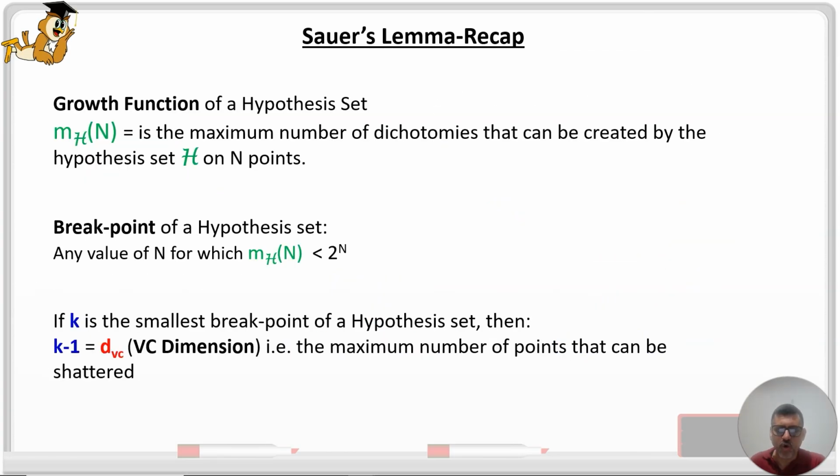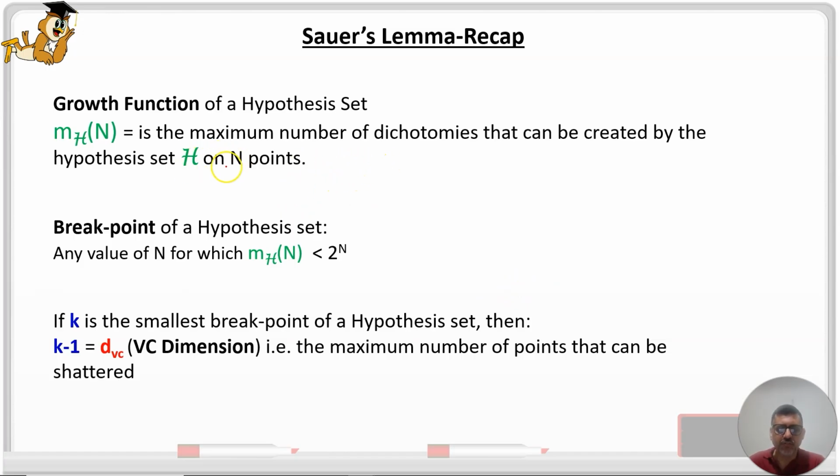Let us now move on to Sauer's lemma, and before that, a quick recap. We went over all of these definitions in great detail a few lectures ago, but let's do a quick recap. Like I said, the growth function of a hypothesis set, m_H of n, is the maximum number of dichotomies that can be created by the hypothesis set on n points, right?